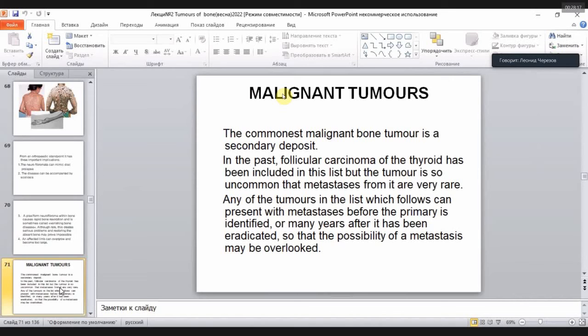Any of the tumors in the list which follows can present with metastasis before the primary is identified or many years after it has been eradicated, so that the possibility of the metastasis may be overlooked.